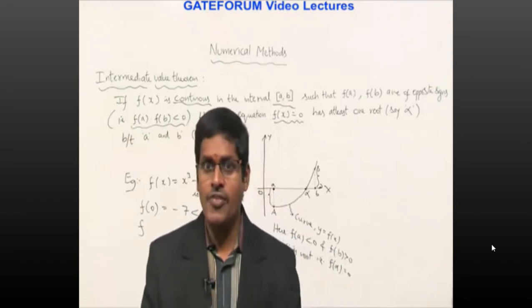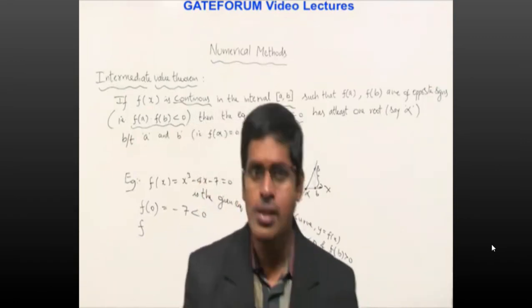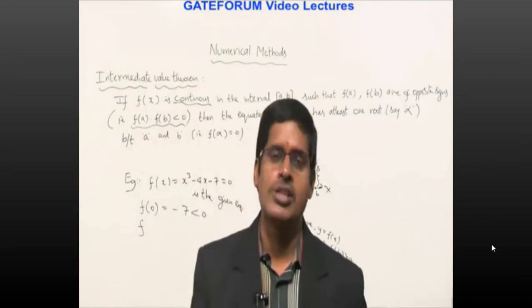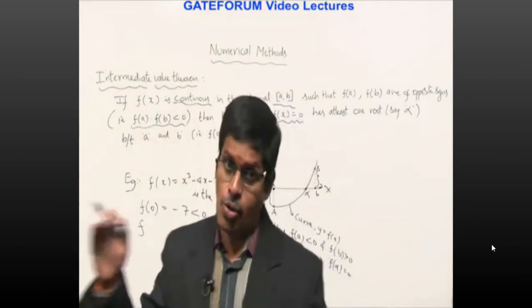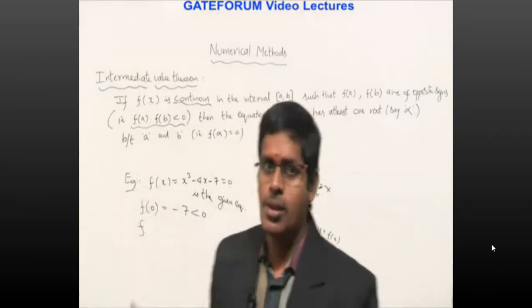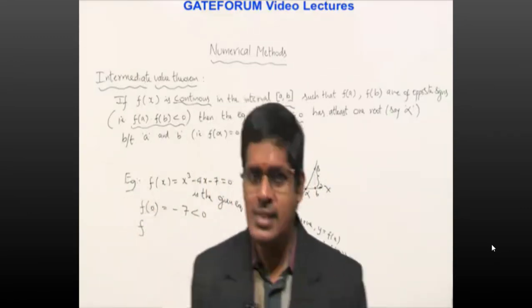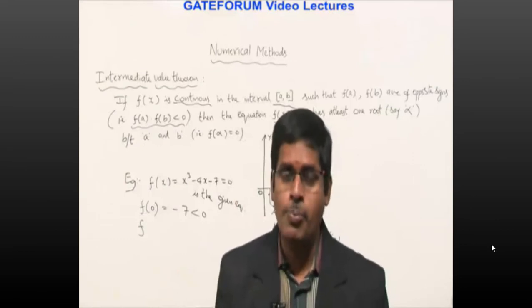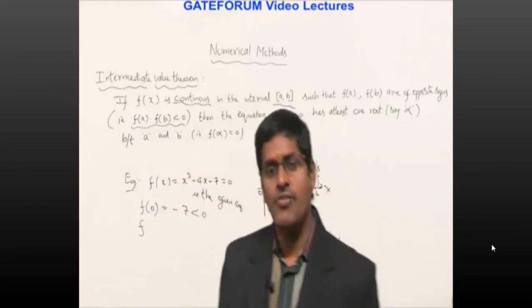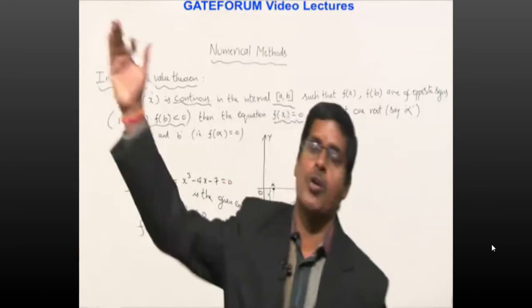From which value of x do you have to start? From 0 onwards. Go on the positive side, meaning 0, 0.1 or 1, 2. But it is better to give integer values, because if you take 0.1, 0.2, it takes more time for calculating. So you start giving integer values on the positive side.